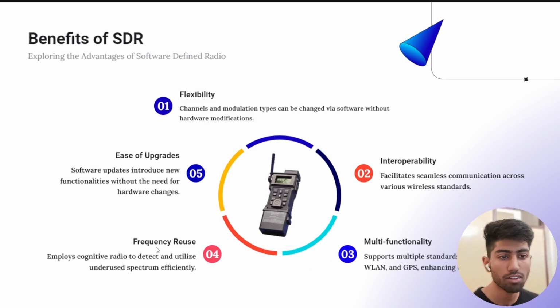It has a frequency reuse function, meaning we can reuse frequency that was once used, and it employs cognitive radio to detect and utilize underused spectrum efficiently. It also has ease of upgrades, because software updates are very easy and cost efficient, as we don't need to update any hardware. So its functionality doesn't need hardware changes.